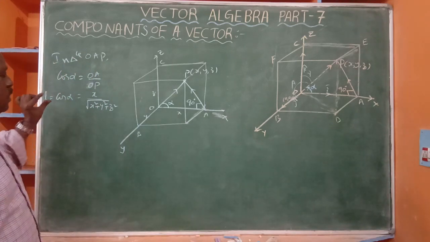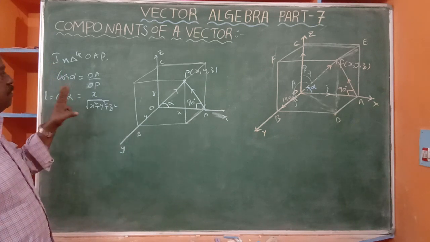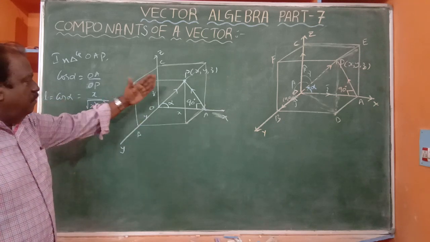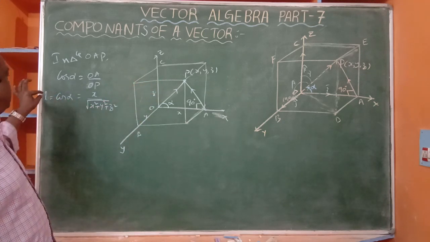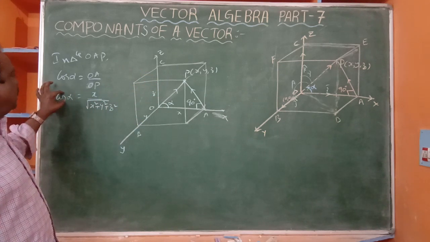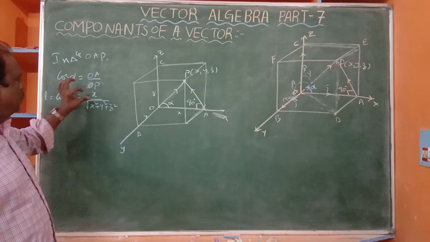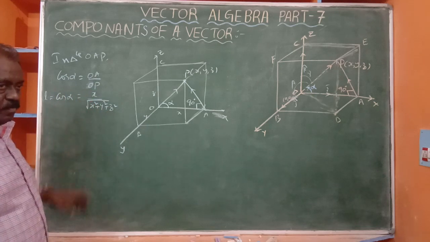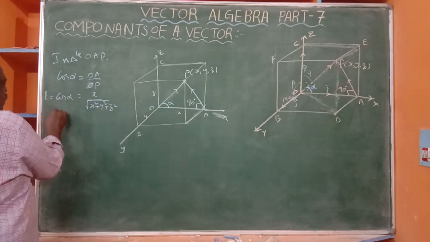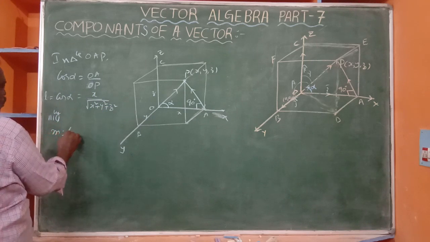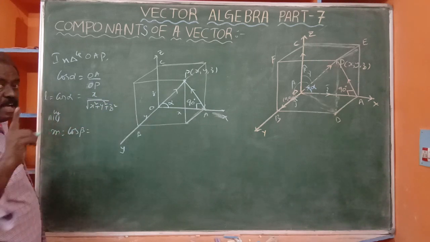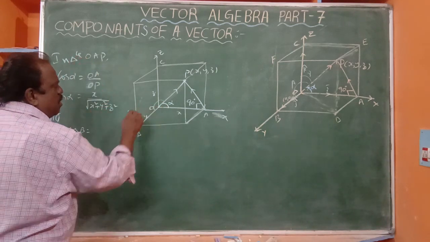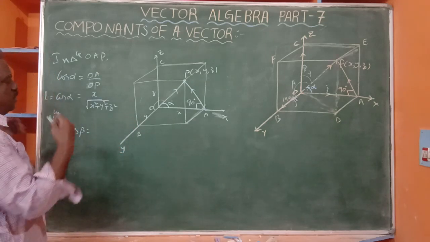So the very first DC from the set of DCs is cos alpha, where alpha is the angle made by the vector with the x-axis, and its notation is small l. Small l means cos alpha, which is equal to x by root of x square plus y square plus z square. Similarly, m is equal to cos beta, where beta is the angle made by the vector with the y-axis.